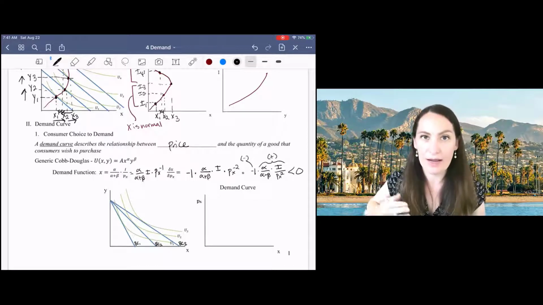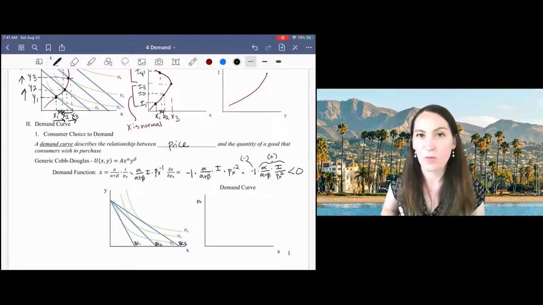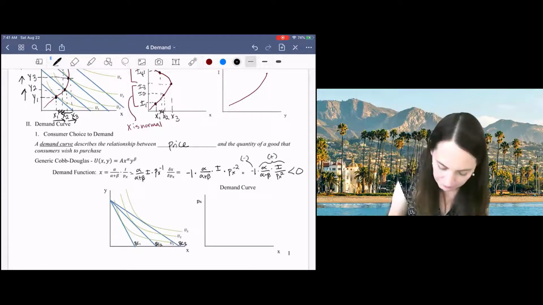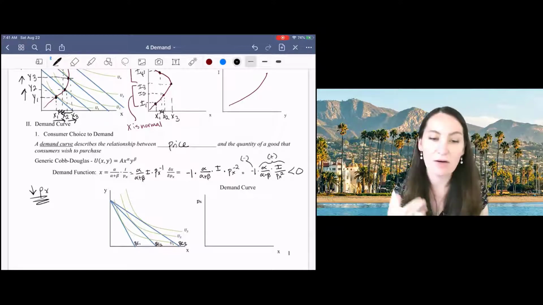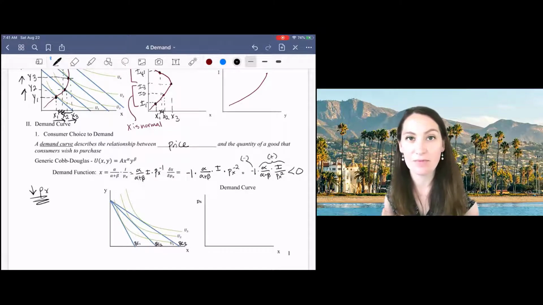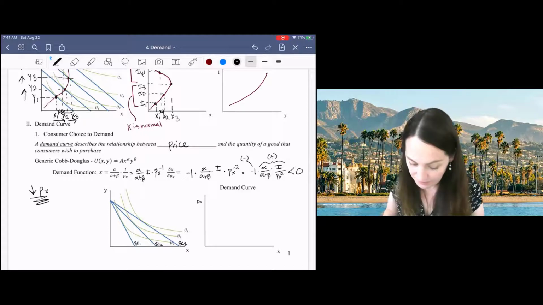I can afford more X as we go from 1 to 2 and then 2 to 3. So here we have a decrease in the price of X. How does that affect the optimal consumption of X? And why?